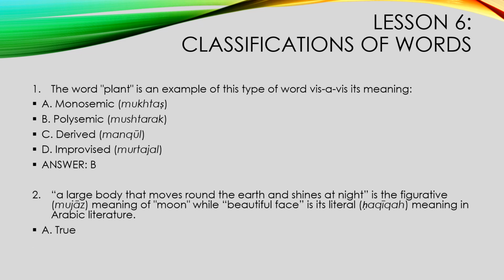A. True. B. False. Which do you think is the correct answer? True or false? Obviously, it's false because the first one is the literal meaning, while the second is actually the figurative meaning.